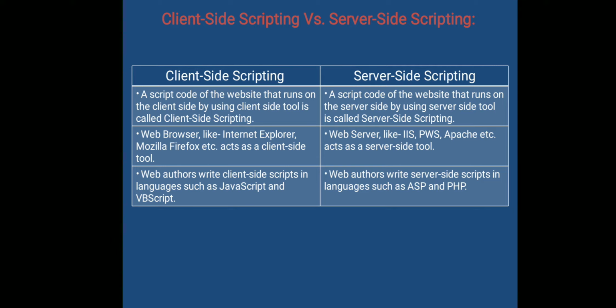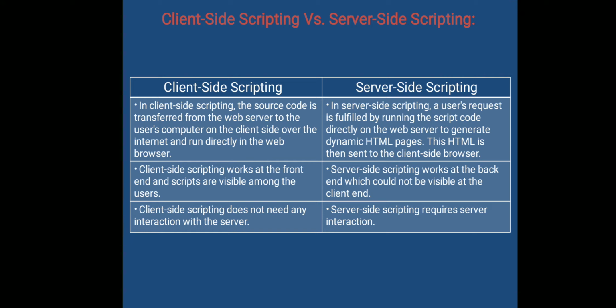And the server-side scripting is run on web servers like IIS, PWS, Apache, etc. In the client-side script, the source code is transferred from the web server to the client system along with the script, and the script is interpreted by the client system.